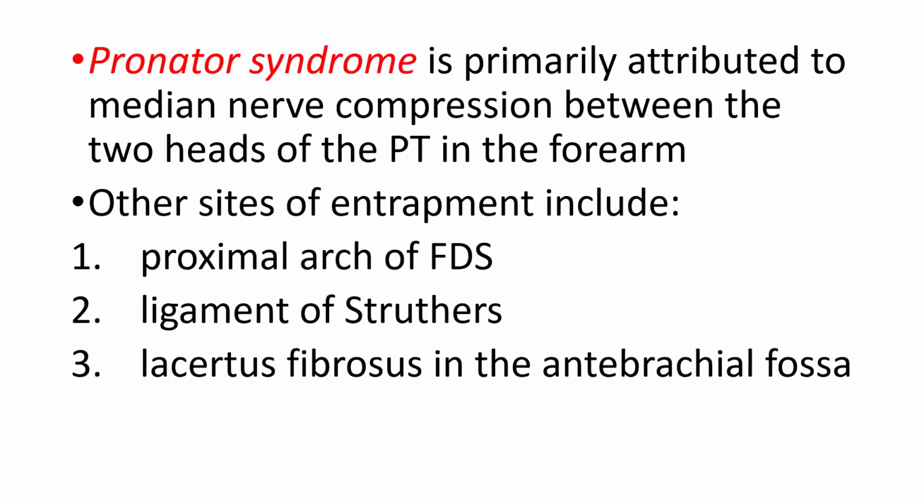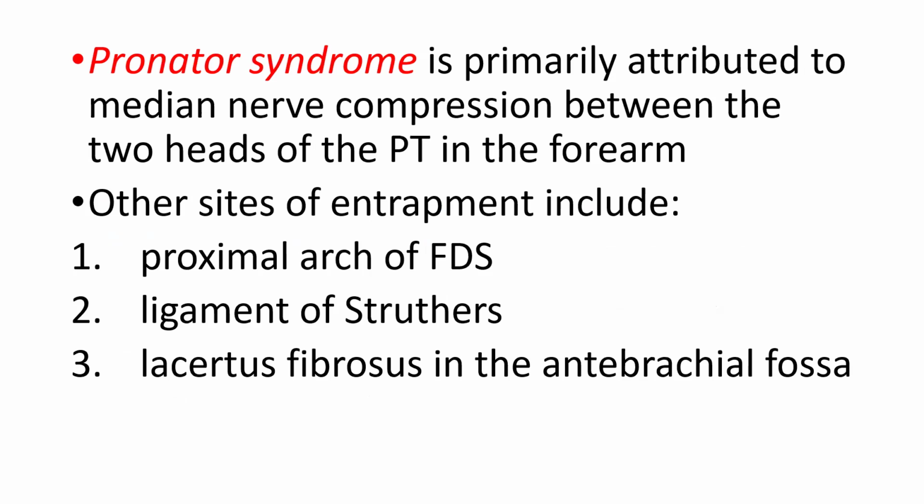Pronator teres syndrome is important, and you have to notice the difference between it and carpal tunnel syndrome. It is primarily attributed to median nerve compression between the two heads of the pronator teres in the forearm.